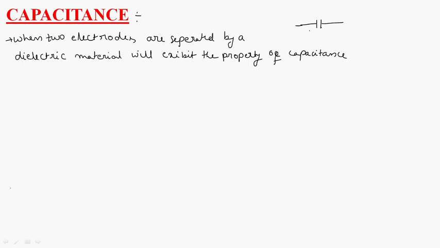So this is the symbol for the capacitor. These are the two electrodes which are separated by a dielectric material. If one electrode is at a positive charge and the other electrode is at a negative charge, whenever this capacitor is connected to a battery like this, what happens?